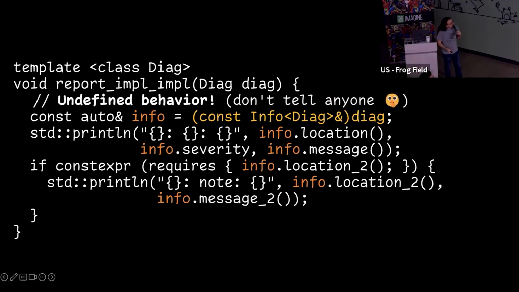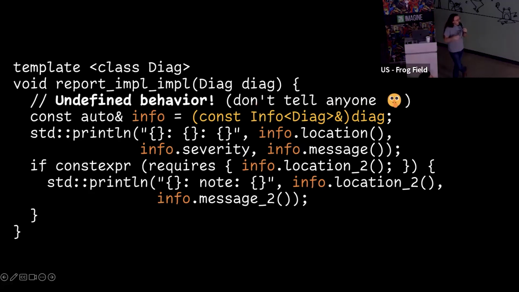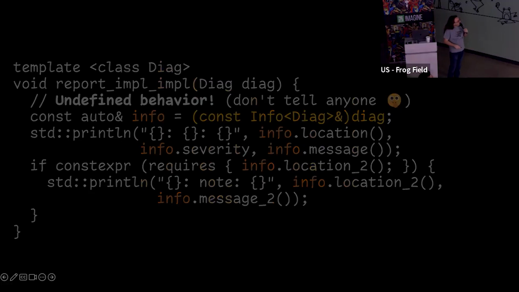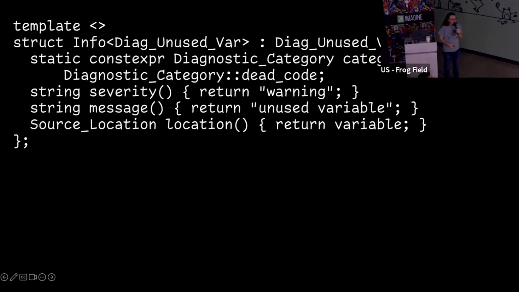Now, this downcast is undefined behavior. Don't tell anybody though. Because we didn't create it as an instance of the info, we created it as an instance of the base class. Maybe it's not undefined behavior, I don't know. It works. Works on my machine. And if you're doing this in production, there are other ways to do it. This is just the easiest to explain, I guess.